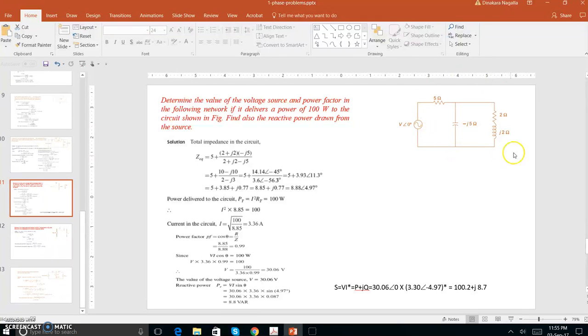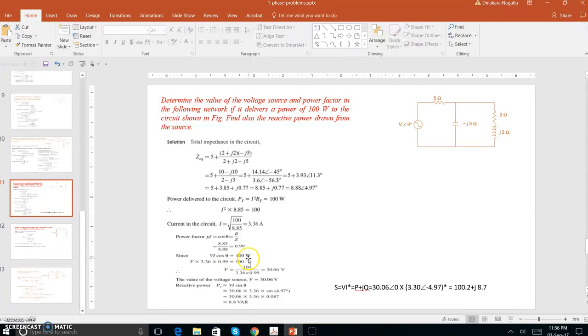Of course, power factor is P by S. It is also written as R by Z when R is known and Z is known. Cos theta is R by Z, which is 8.85 by 8.88, or tan inverse of imaginary part by real part will give us the power factor angle 4.97, and the cosine of 4.97 will be 0.99 as the power factor of the circuit.